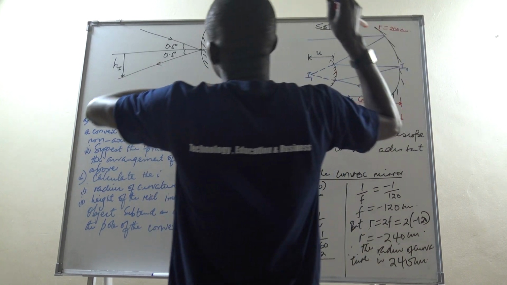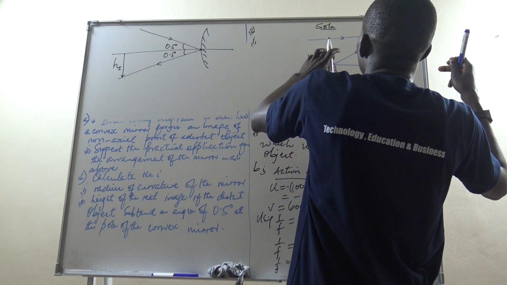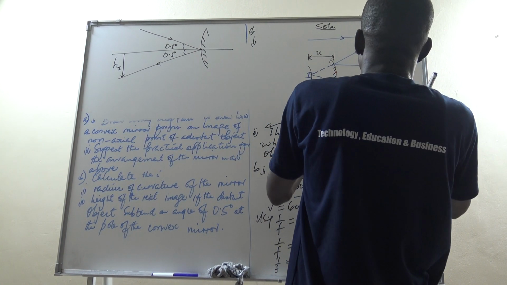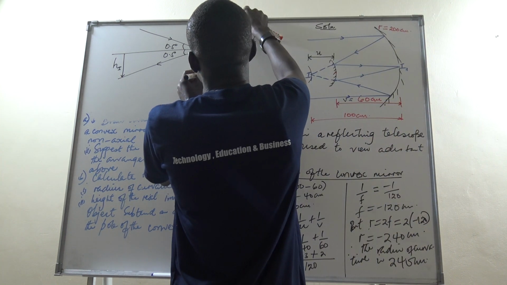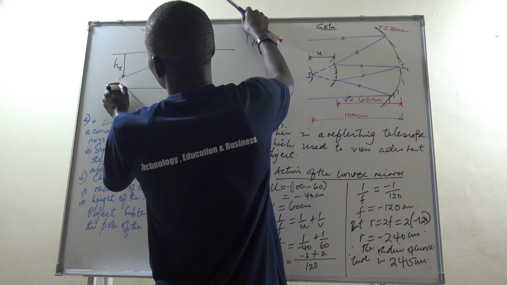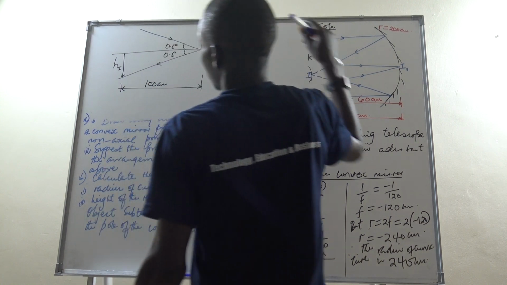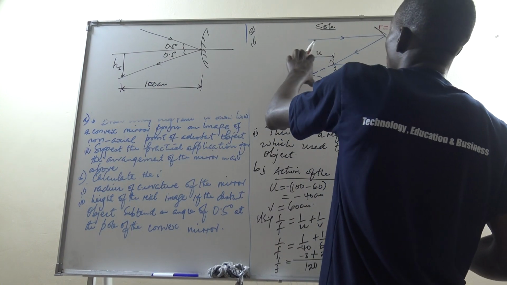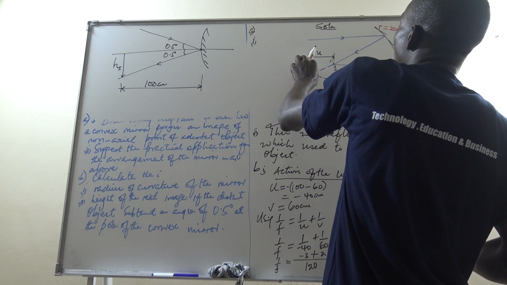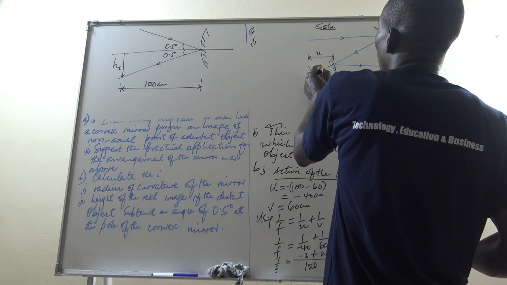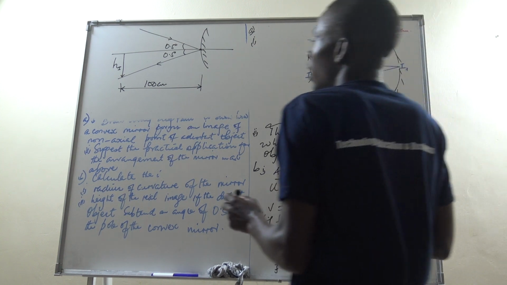Now this one is coming up to this point here, and we shall have that distance as 100. So this one here will be equivalent to 100 centimeters. Now we are trying to look at the angle that can be subtended at the pole here, 0.5 degrees for that 100.